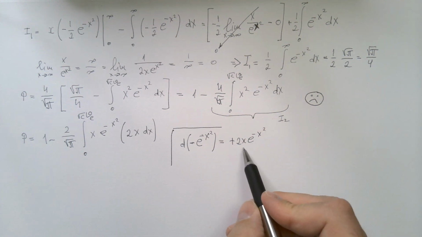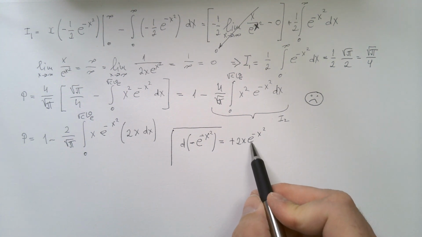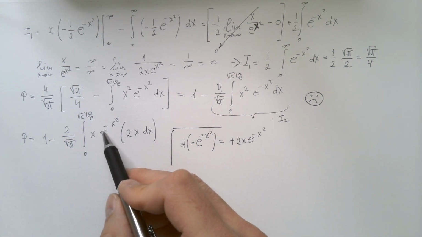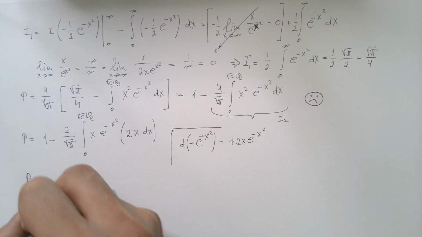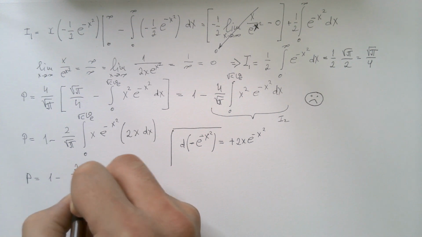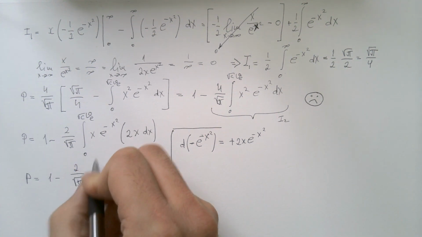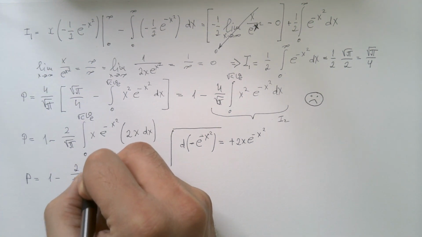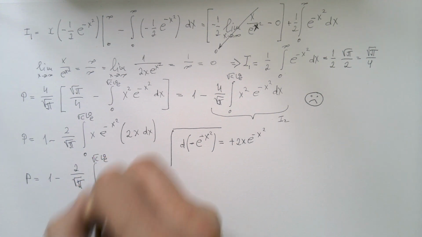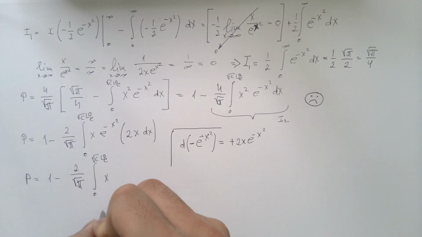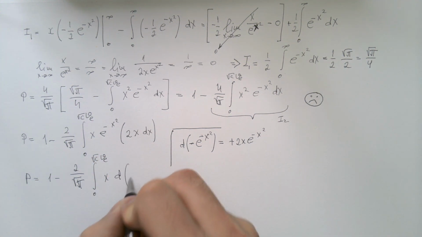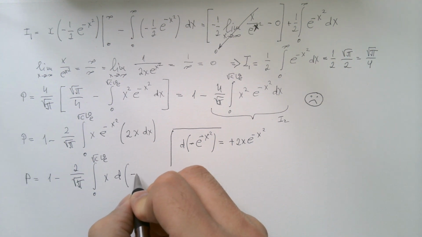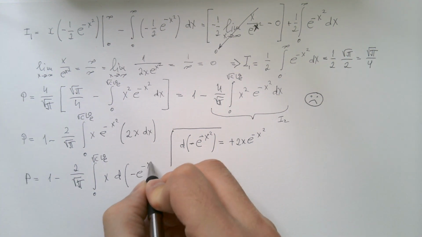But now you will kindly notice that we have this 2x e to negative x squared in our integral over here. So I can write that p is equal to 1 minus 2 over square root of pi, integral between 0 and square root of c ve, and I will write x, and then this over here is d of negative e to negative x squared.